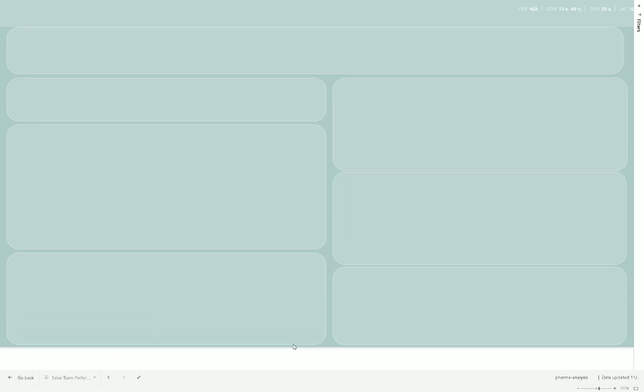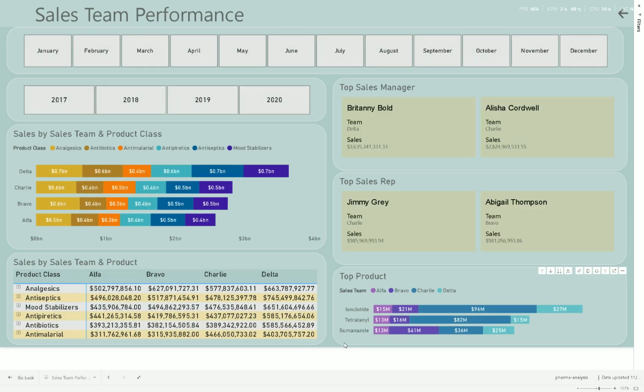Moving on to the final page, which analyzes sales team performance. I have taken this data in terms of slicers for year and month again. As you can see, these are the months and these are the years I have taken.